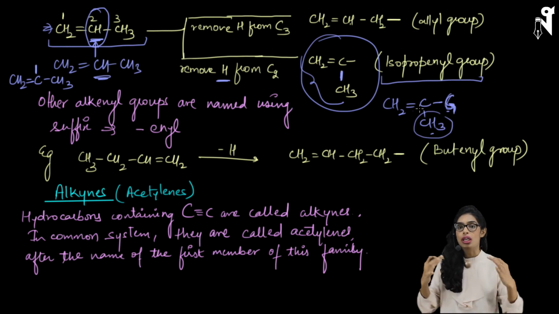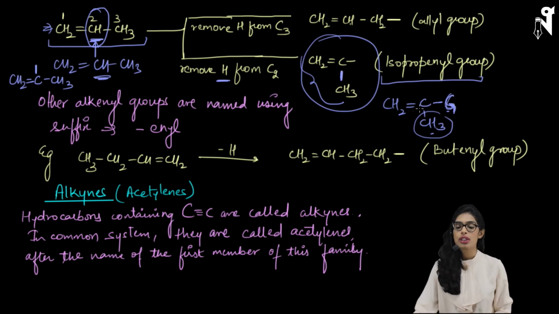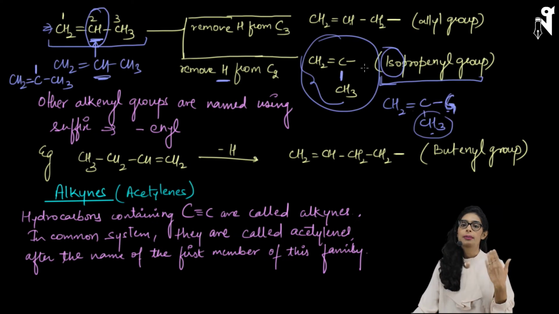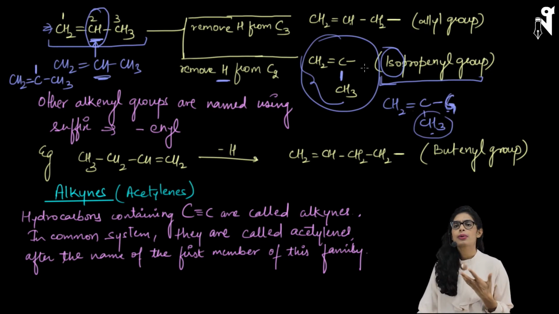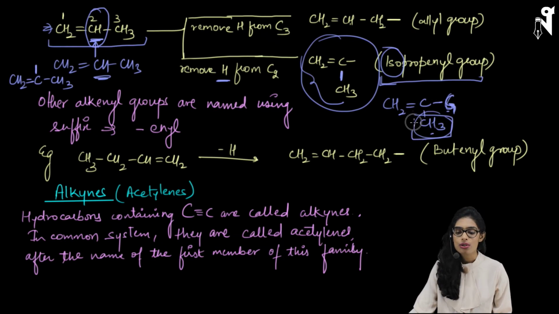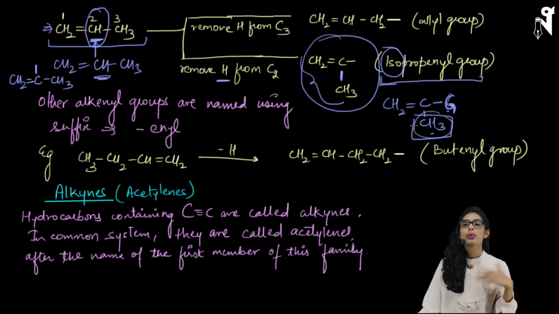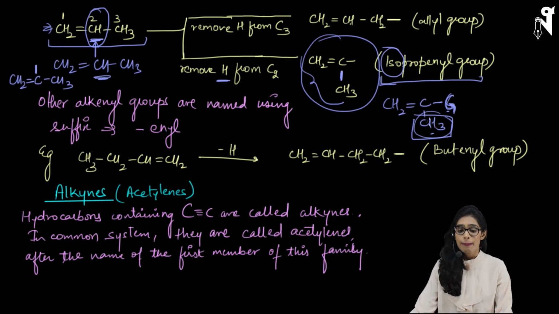When you have one CH3 branching like this, we use a common term. It's a trivial term, not the IUPAC naming. It's a common way used by many chemists. So iso means the branching of one CH3. We will be learning iso and neo in much more detail. But this kind of bonding where CH3 is acting as a branch is generally called iso.